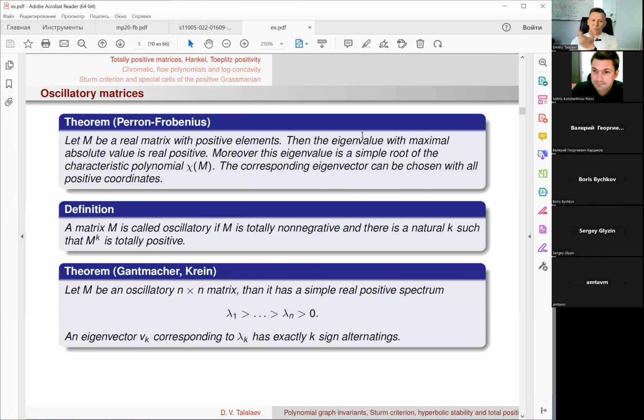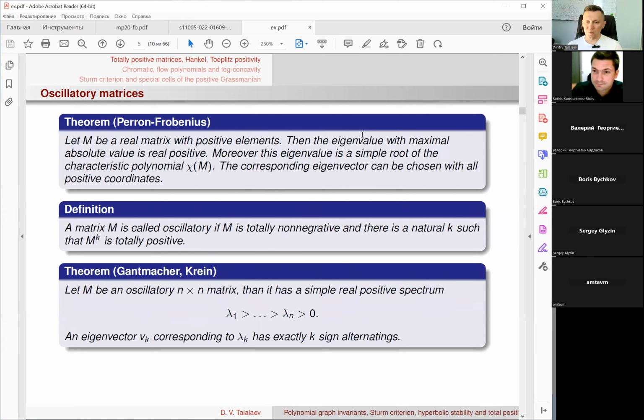And there is a structure theorem of Gantmacher and Krein about oscillatory matrices. If M is an oscillatory n by n matrix, then it has a simple real positive spectrum.